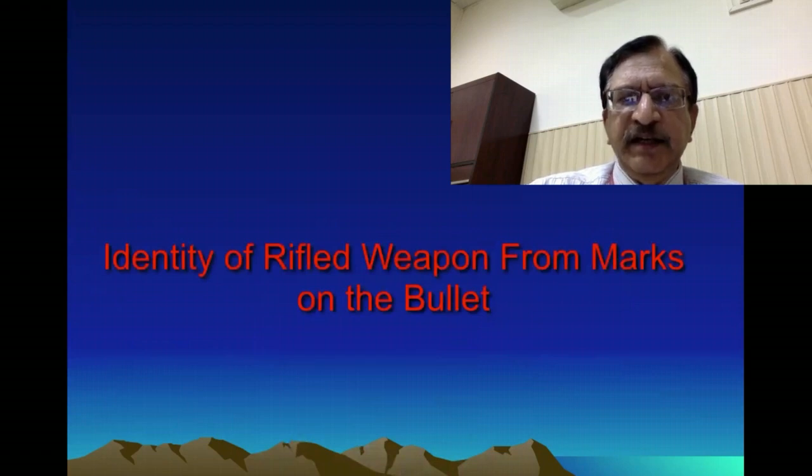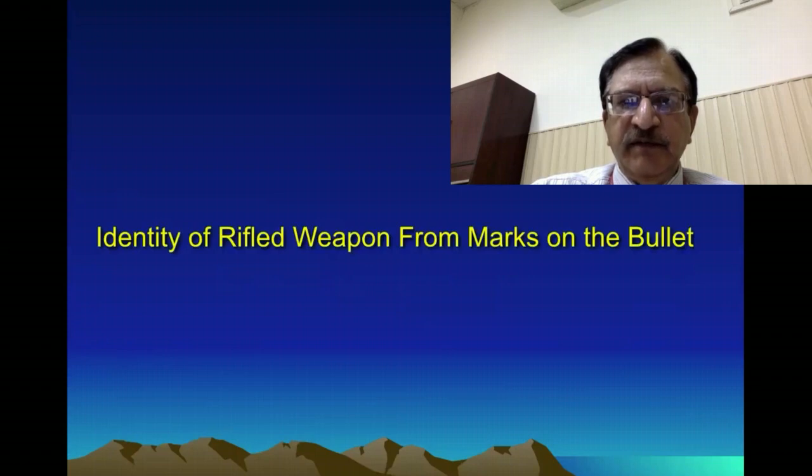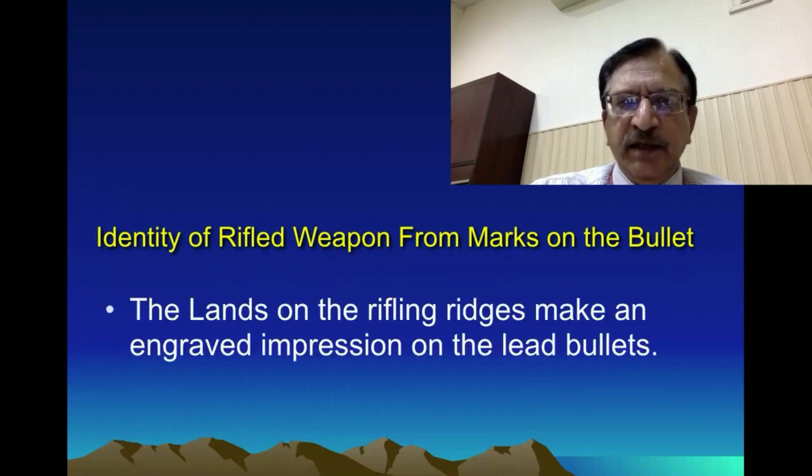Now, the identity of a rifled weapon from the marks on the bullet. This is important. Sometimes the bullet or the weapon is recovered from the crime scene. The identity of the rifled weapon can be made from the marks on the bullet, because the lands on the rifling make an impression on the lead bullet. When the bullet is traveling through the rifled weapon, the lands, which are the raised portions, engrave an impression on the lead bullet.